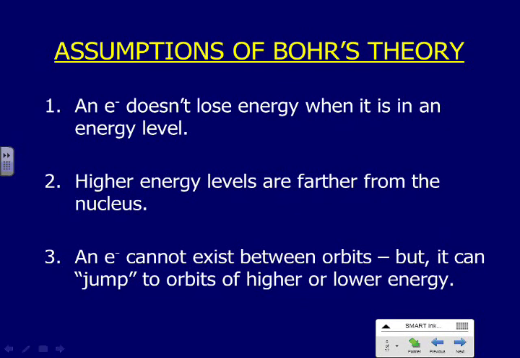Classical physics wasn't able to explain this, so he had to come up with some new rules. The first rule he had to state: an electron doesn't lose energy when it's in an energy level. Even though classical physics says if it's in an orbit, it should be losing energy, Bohr said, we don't see it doing that, so it can't be happening.